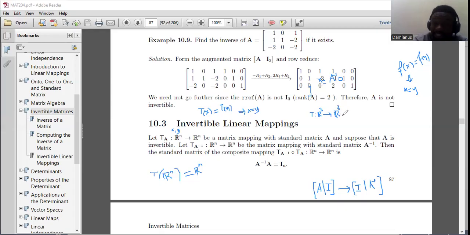And then I have to say what T does. So I just say T is defined by, T picks three things, X, Y, and Z.